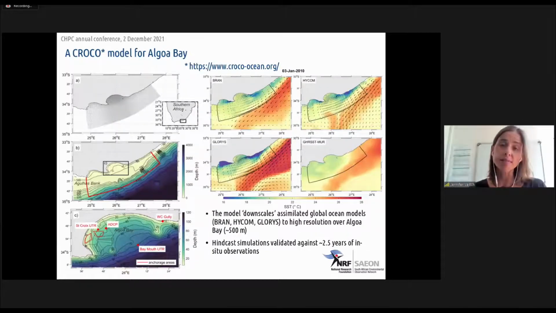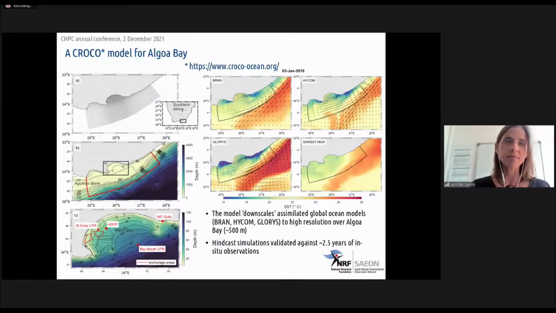So the grid itself is curvilinear, and it increases in resolution towards the interior of Algoa Bay, where we reach a horizontal resolution of about 500 meters. As part of this development phase, we ran a short hindcast simulation of this configuration using each of the 3 global models.